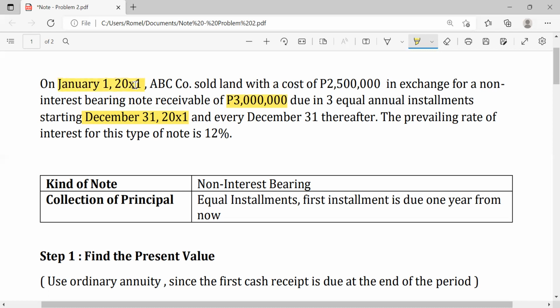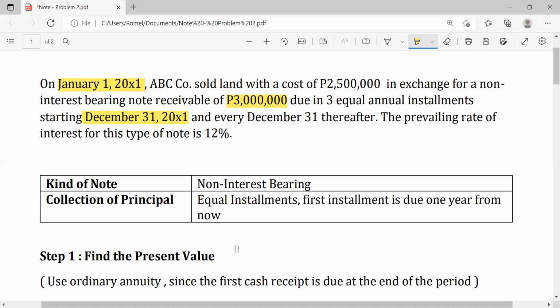So 1 year from now pa ang first collection ng principal or ng installment. December 31 pa. So may isang taon pa before the first collection.